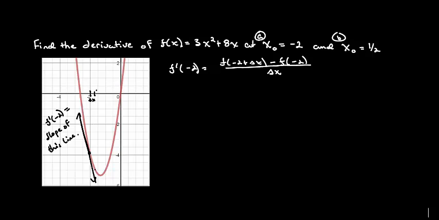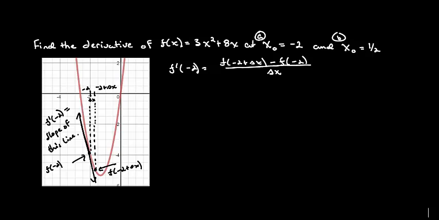And so this point is -2 plus the change of x, and this one is -2. This point has a height value of f at -2, whereas this point down here has a height value of f at -2 plus delta x. That's what its height is.